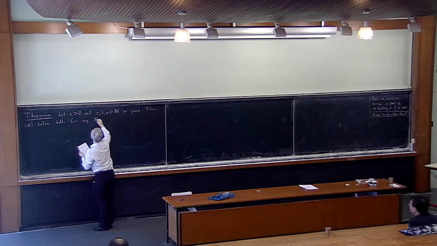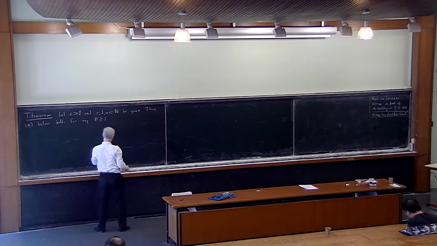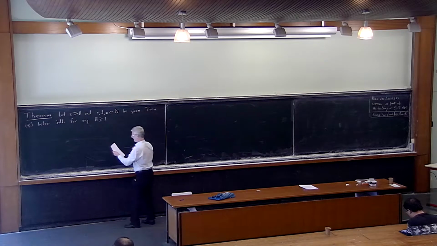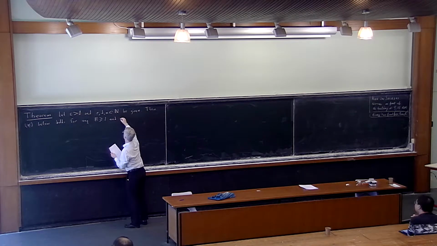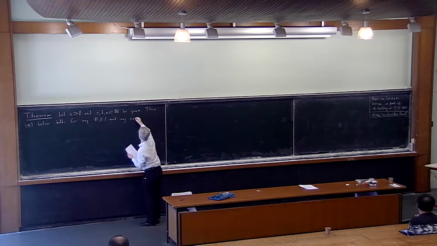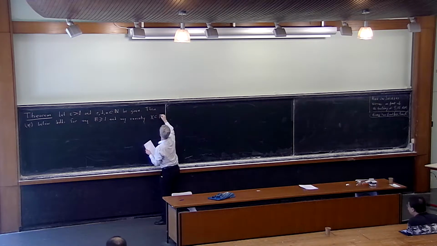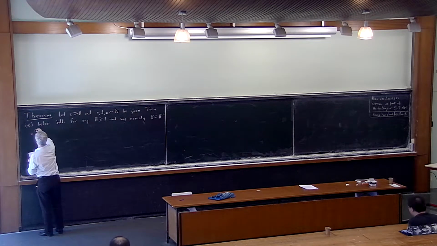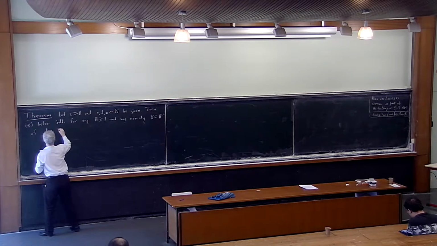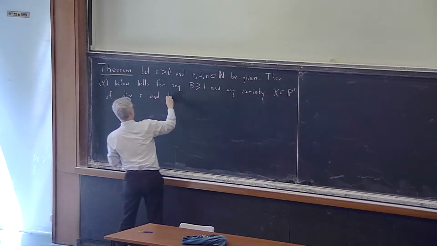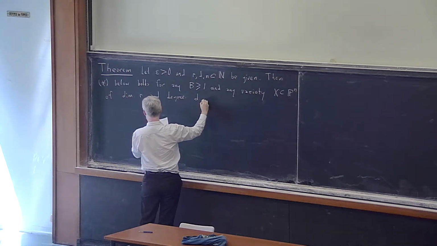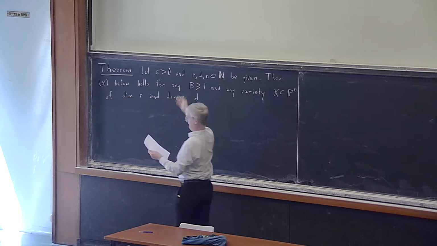So I will look at hypercubes of any size, going from minus b to b, and any variety x, a closed geometrically integral variety of dimension r and degree d. So it's an absolutely uniform statement which should be true for all those varieties.